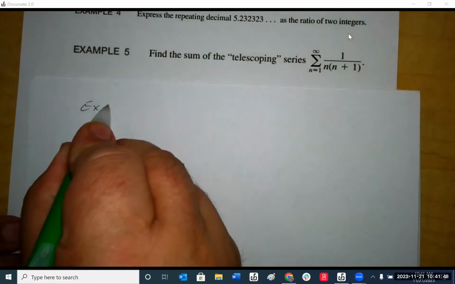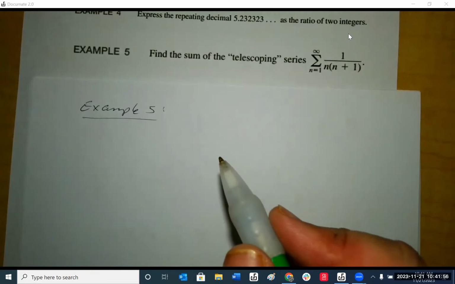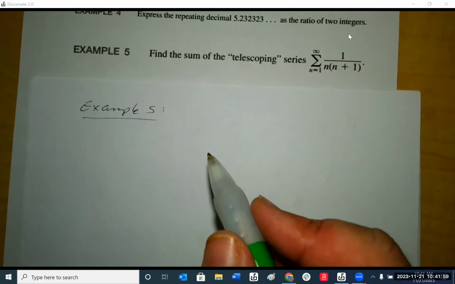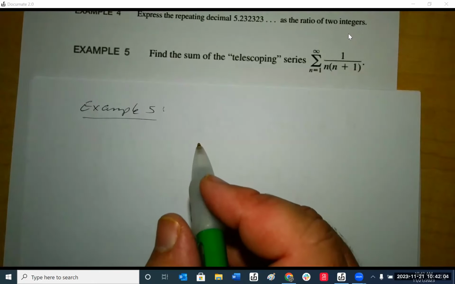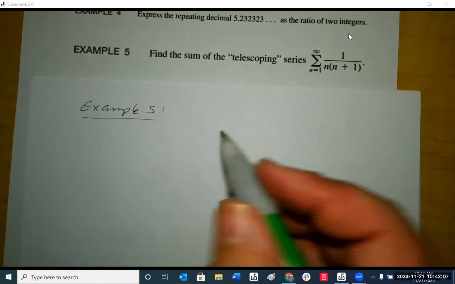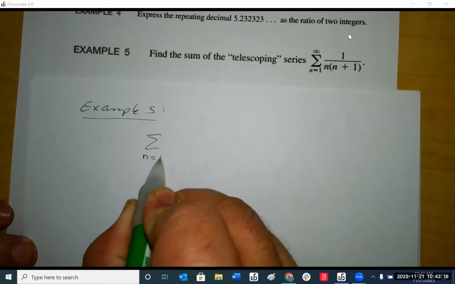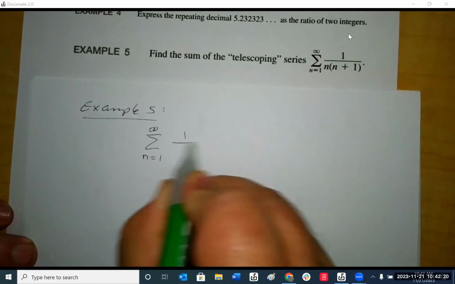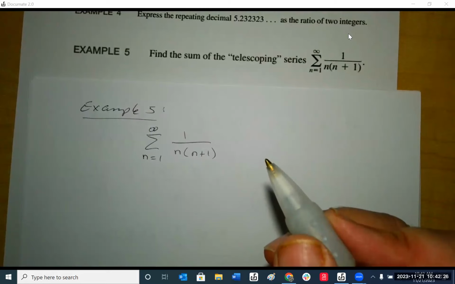Example 5. Find the sum of the telescoping series, 1 over n and so on. Why is this one called a telescoping sequence?